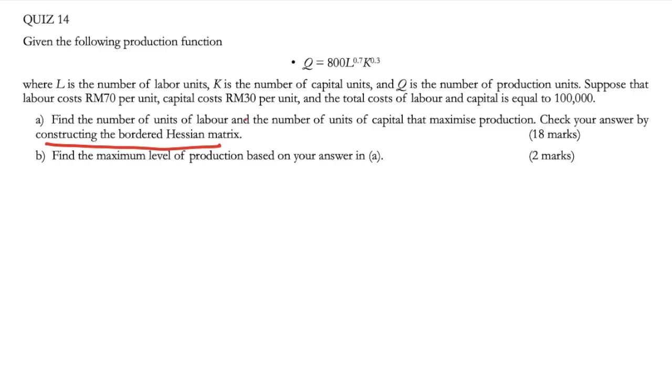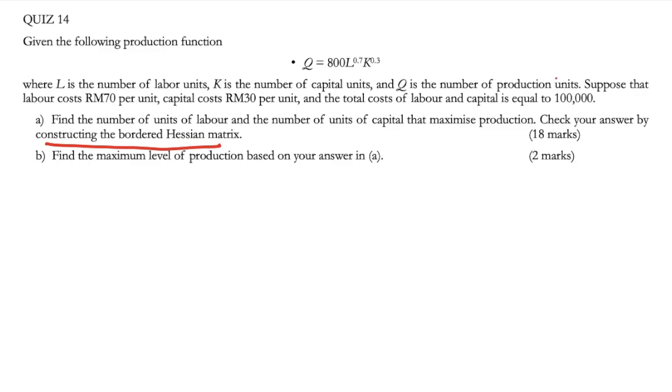Given the following production function in which Q is a function of 800 L to the power of 0.7 times K to the power of 0.3, where L is the number of labor units, K is the number of capital units, and Q is the number of production.